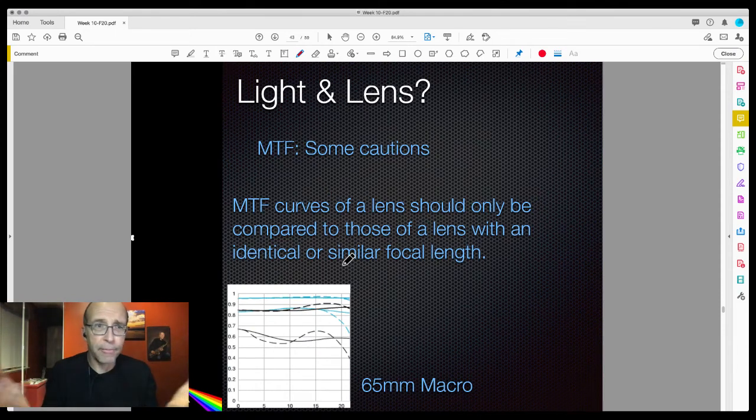So one thing to keep in mind is that typically you would only compare the same focal lengths. You wouldn't compare a 50 millimeter lens with a 100 millimeter lens because that's comparing apples and oranges. However, you might want to compare 50 millimeter lenses, so maybe a Nikon lens and a Sony lens, and see which one performs better. But you want to compare similar focal lengths.